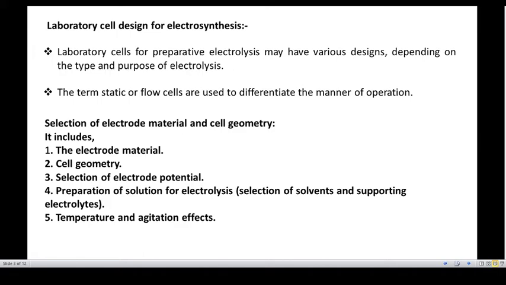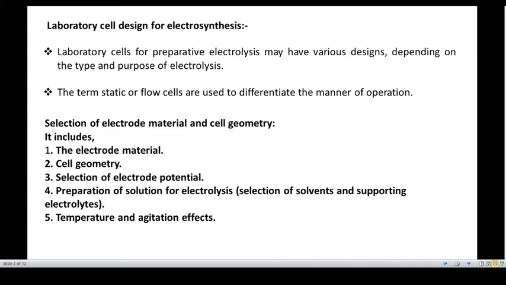So while selecting a particular cell design, we have to consider the following aspects: the selection of electrode material and the cell geometry, the selection of electrode potential, and the preparation of the solution for electrolysis.